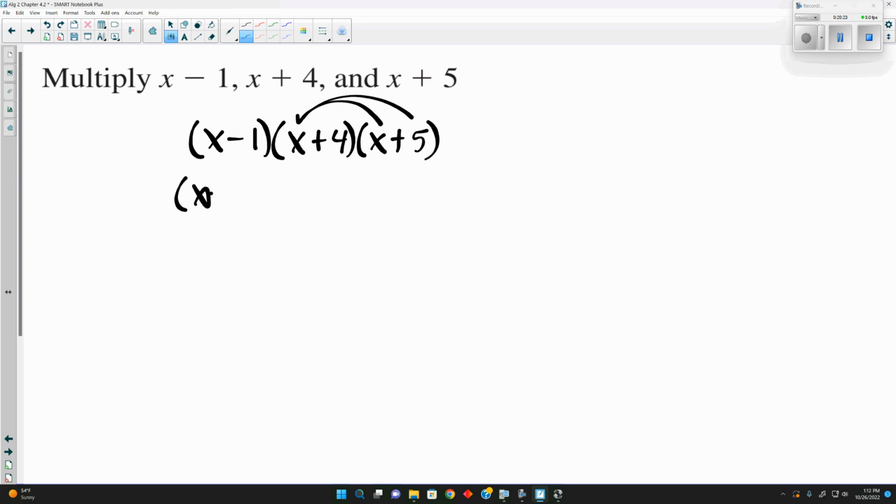So we'll still have x minus 1. Now x times x is x squared. X times 5 is plus 5x. We'll do the same thing with 4. 4 times x is going to be plus 4x, and 4 times 5 is plus 20.